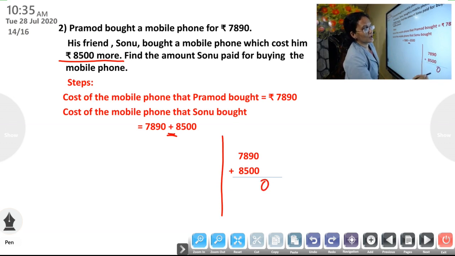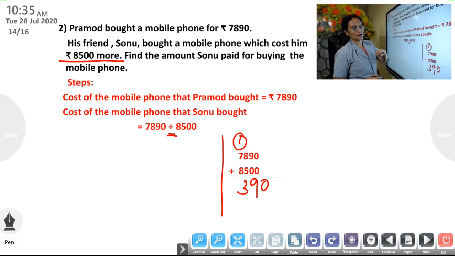0 plus 0, 0. 9 plus 0 is 9. 8 plus 5, keep 8 in your mind, 9, 10, 11, 12, 13. 8 plus 5 is 13. Carry over 1. Then 8 plus 7. Keep 8 in your mind, take 7 on your fingers.